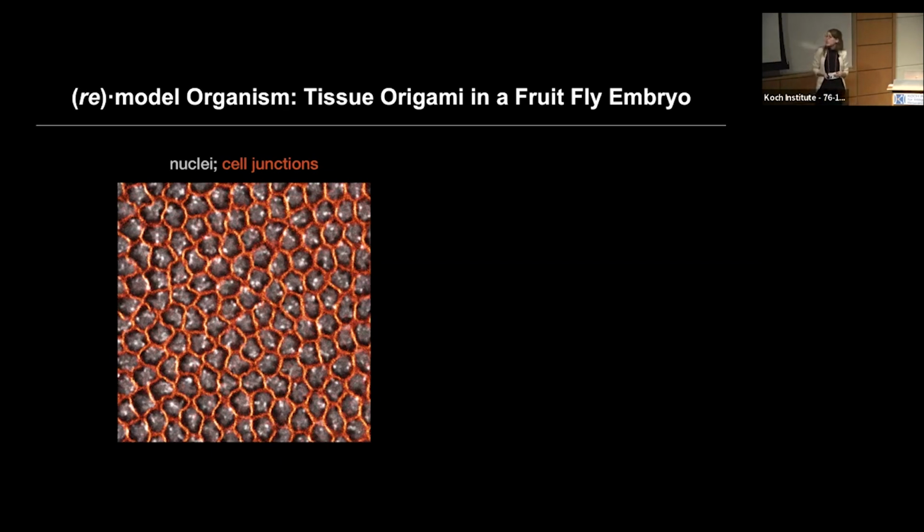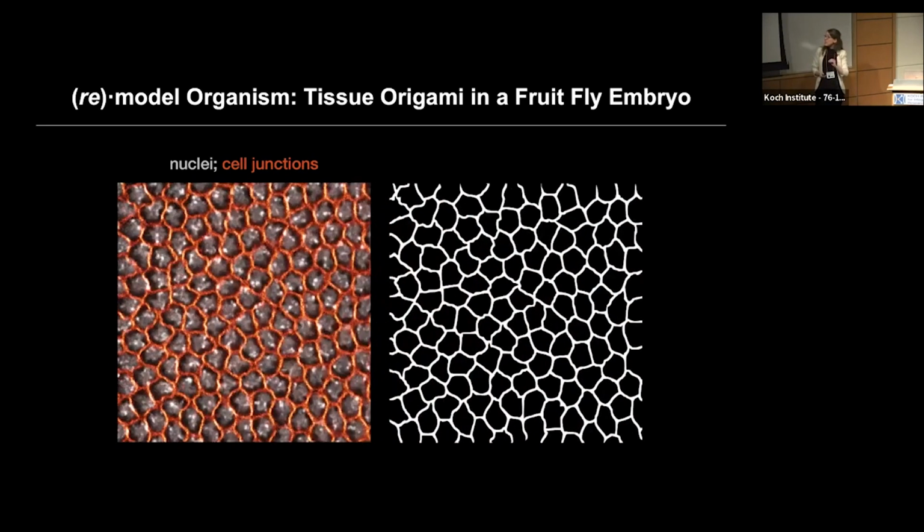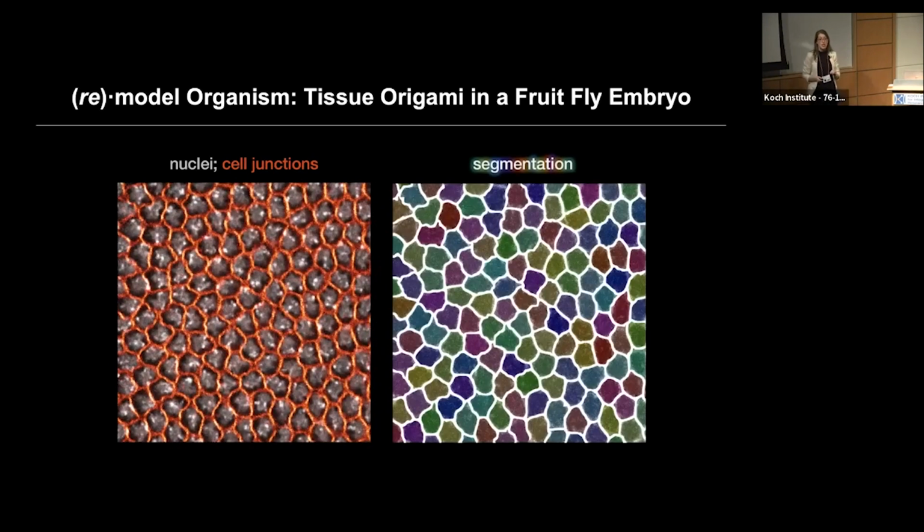Now, using this junctional signal, I can then trace and segment out each individual cell within the image in order to track how they change as the tissue evolves. So if we look at this first pair of images here, prior to tissue folding, cells within the entire tissue sheet have similar morphology.